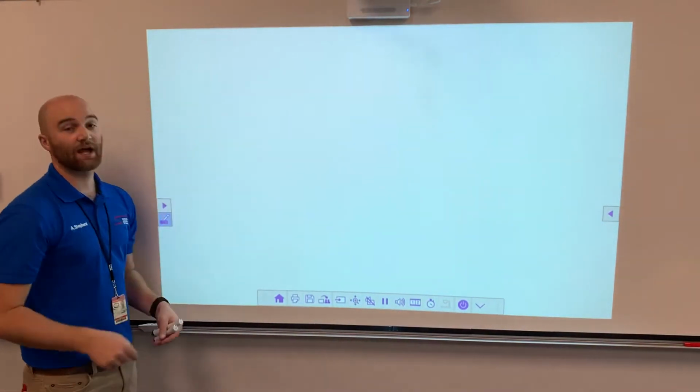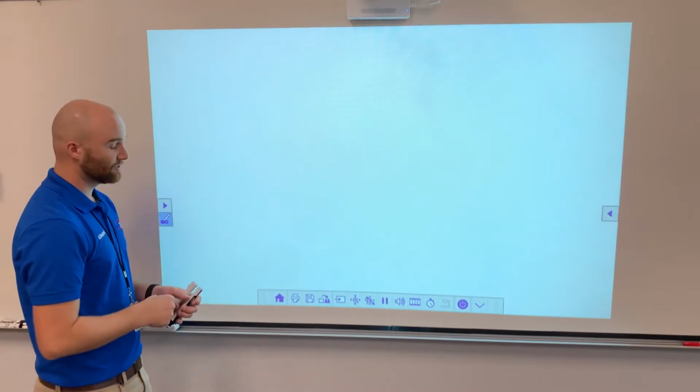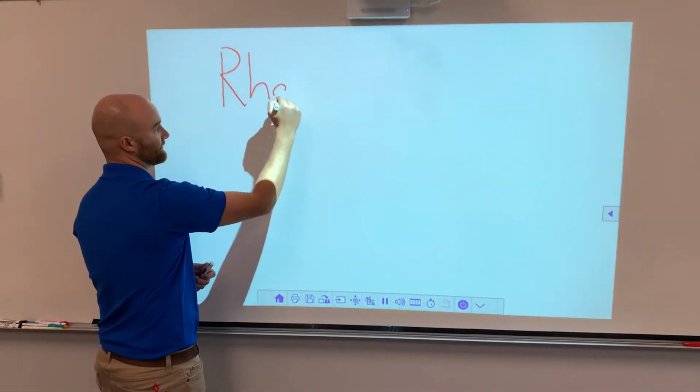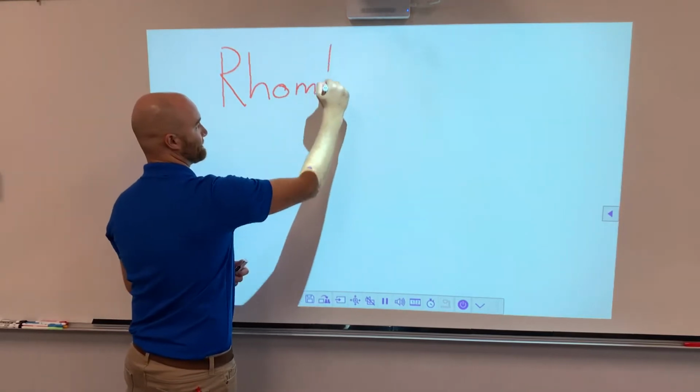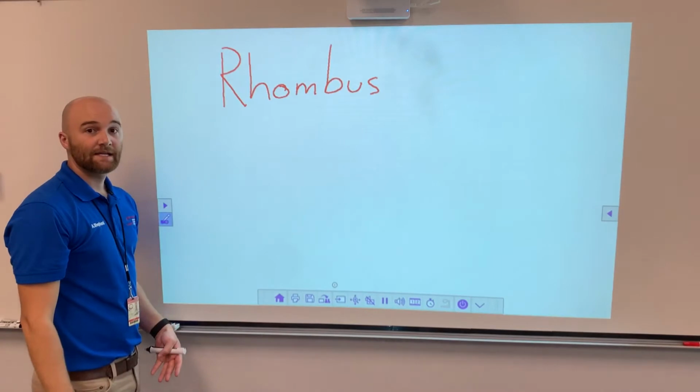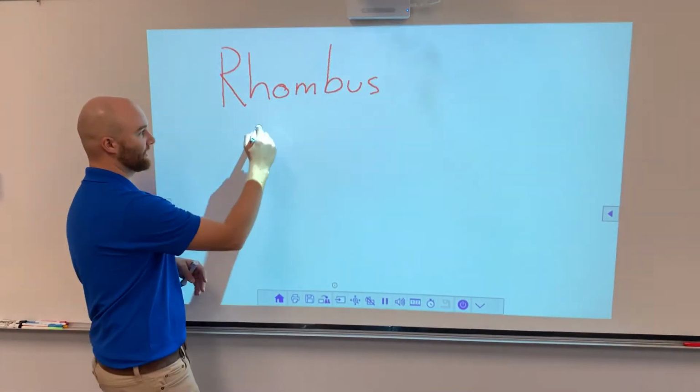The other special kind of parallelogram is something called a rhombus. A rhombus is a special type of parallelogram.